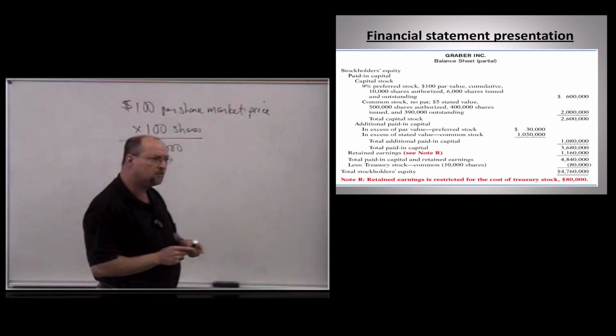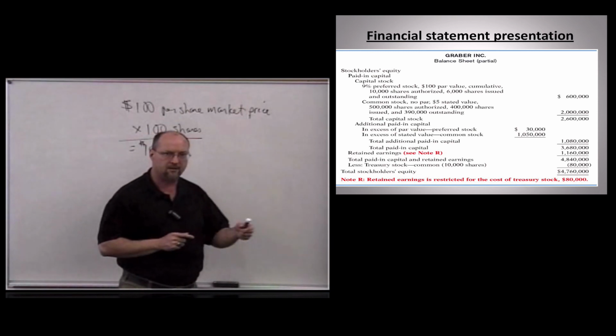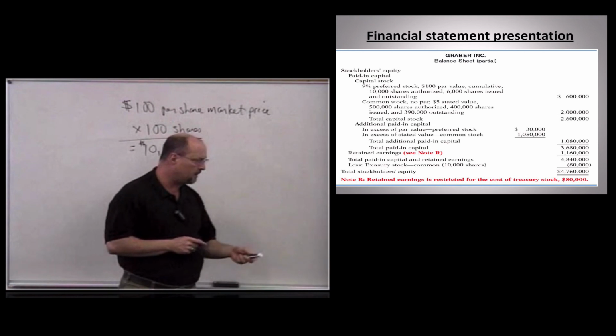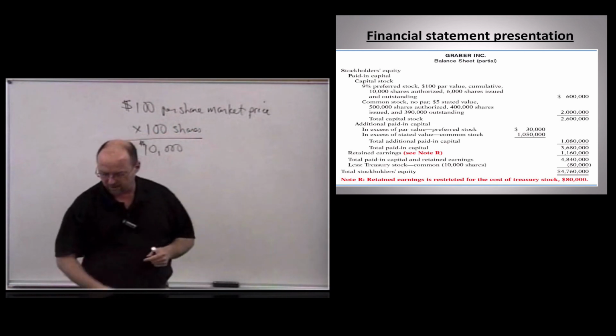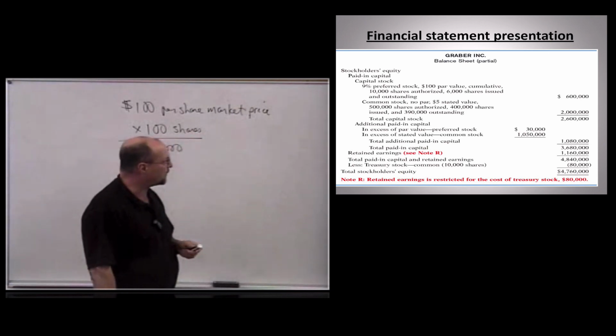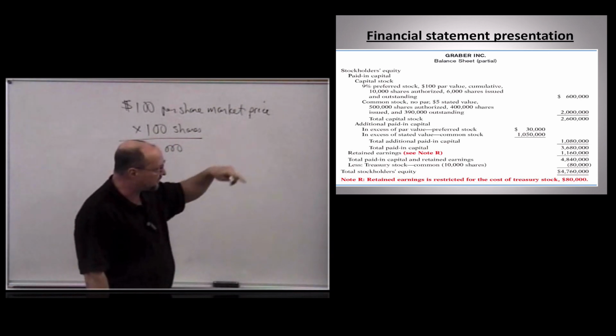If you restrict or appropriate retained earnings, you simply have to disclose that in a footnote. They put it right here, but typically you'll find it in the footnotes themselves. So here's what a stockholders' equity section looks like with all the necessary details.